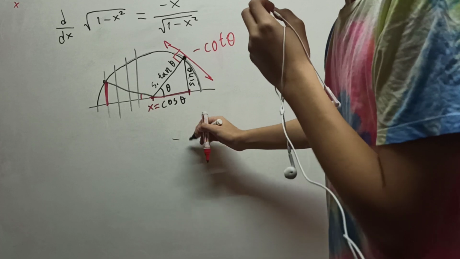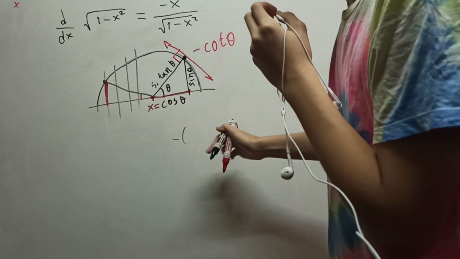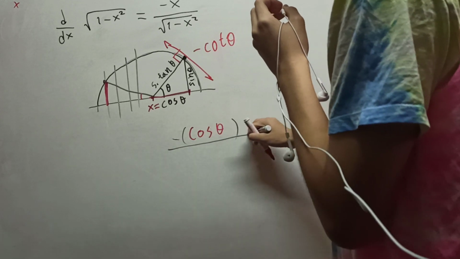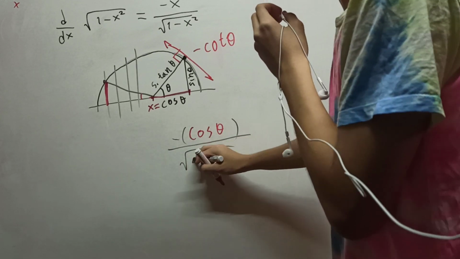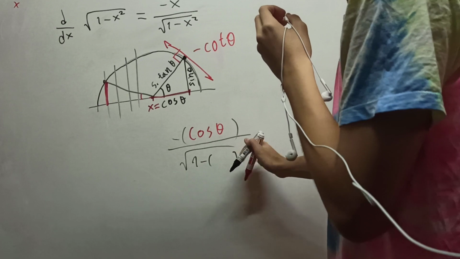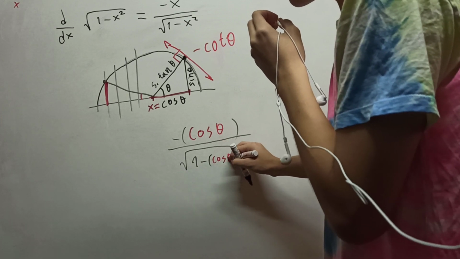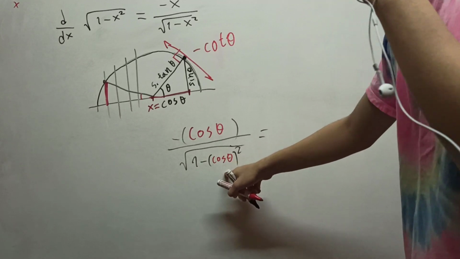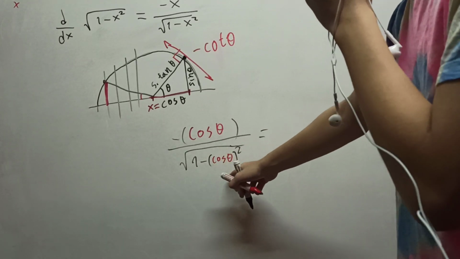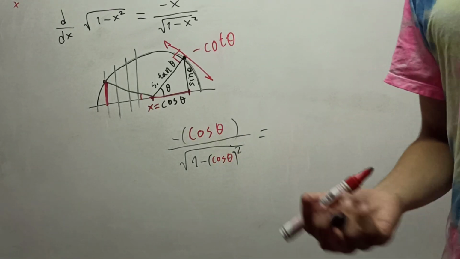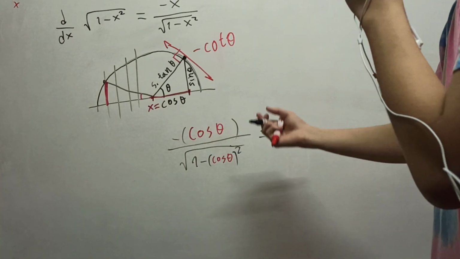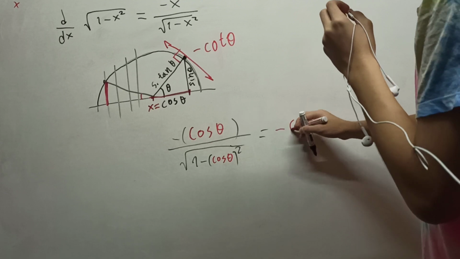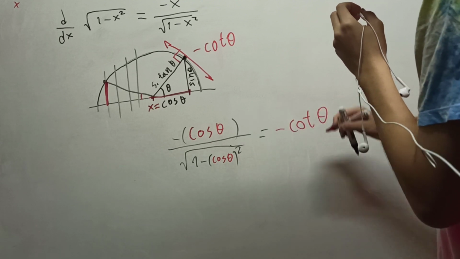Minus x is minus cosine theta, and then over the square root of 1 minus cosine theta squared. That is just sine theta, because 1 minus cosine squared theta is sine squared theta, and the square root of that is just sine. Minus cosine over sine is, yes, minus cotangent theta.